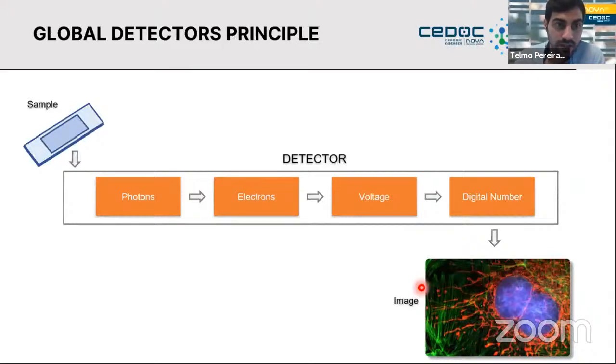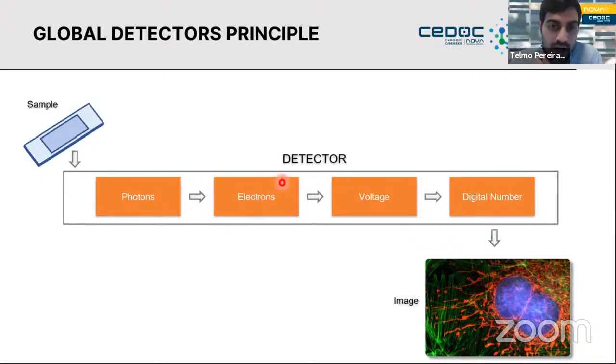So globally, all detectors work in a similar way. You will start with your sample, and you will excite your sample as I told you before. Then your sample will emit photons. These photons will reach the detector. The detector will then convert the photons into electrons through the photoelectric effect.